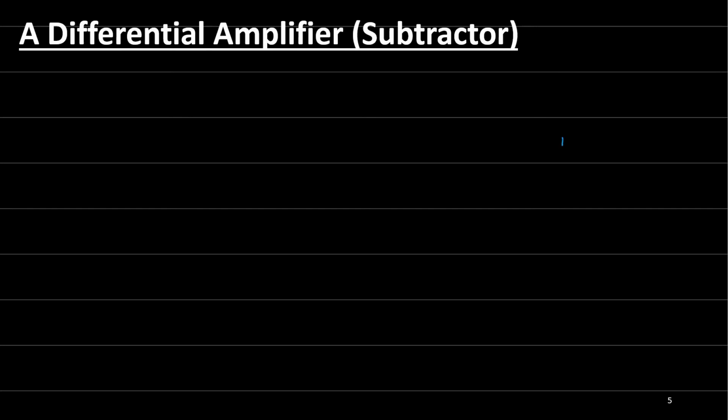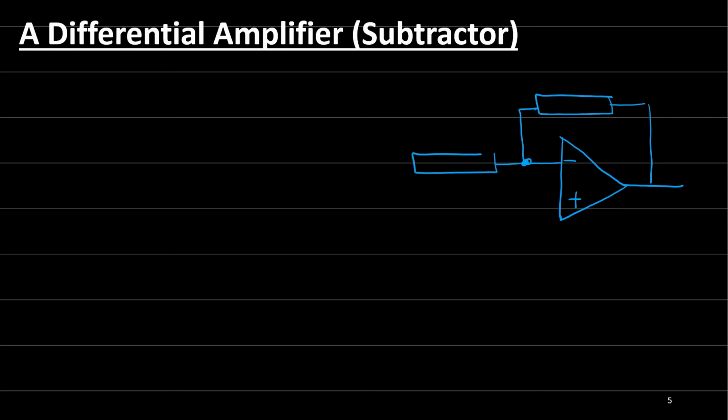The subtractor actually is a differential amplifier circuit. Here we have an OpAmp with a feedback resistor, again exactly similar to the inverting amplifier, and this is connected to the input voltage.